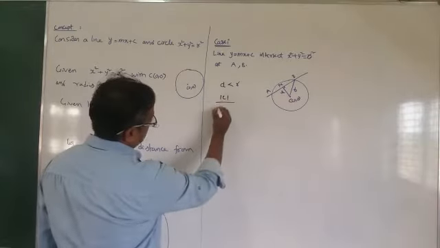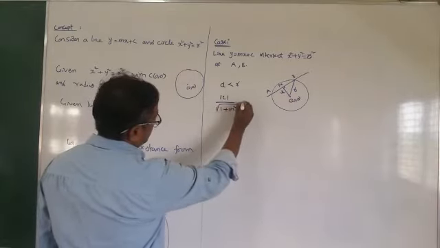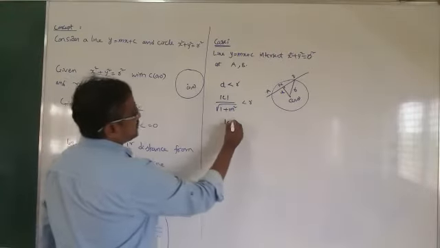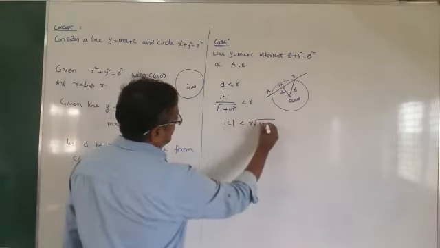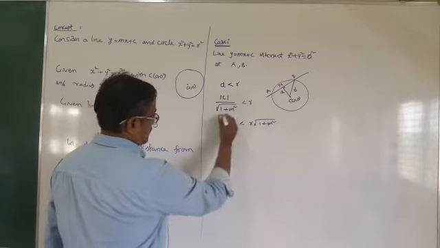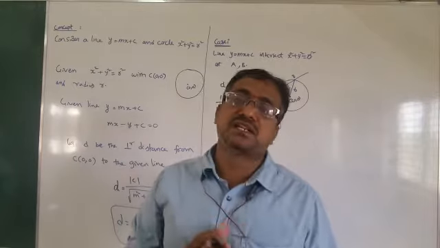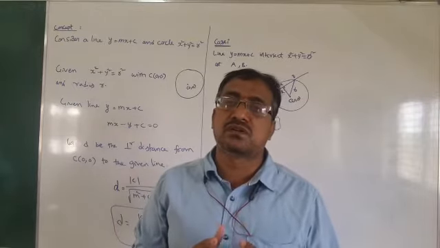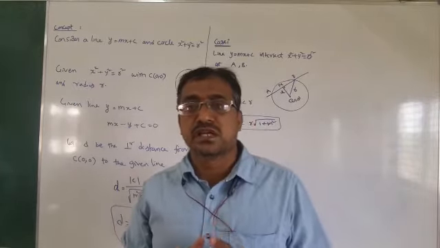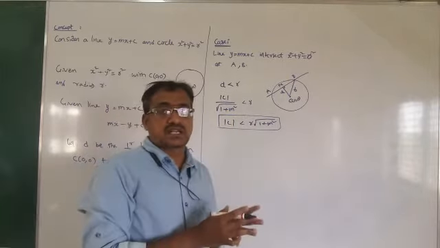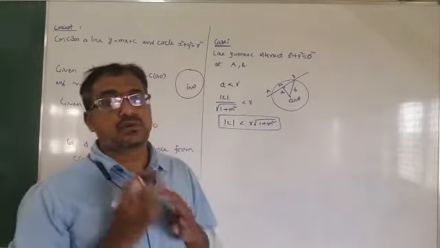So mod c by root of 1 plus m square is less than radius. So mod c is less than r root 1 plus m square. So whenever a line satisfies the condition mod c less than r root 1 plus m square, then it intersects the circle at 2 points.